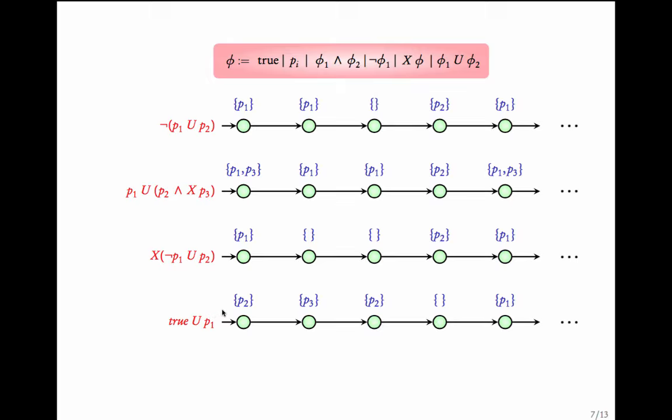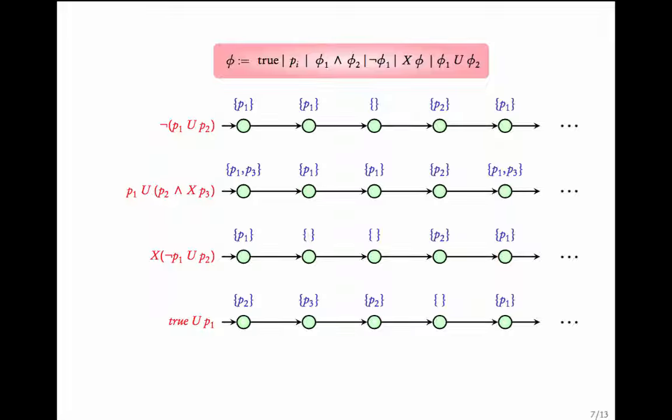In this sense, since true is satisfied at every position, the formula true until P1 just says that at some point P1 is true. Okay? If it had been P2 until P1, then it's not satisfied here because P2 is not true here. However, when I say true, it means there is no constraint till P1 is true. That's why we said that true is satisfied by every word.